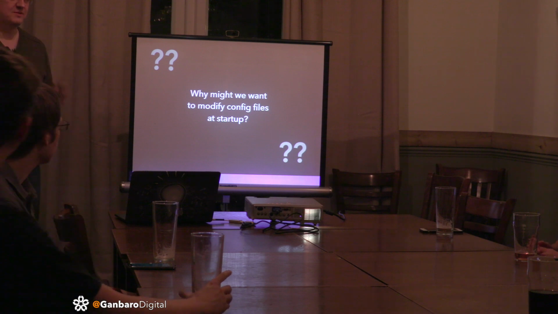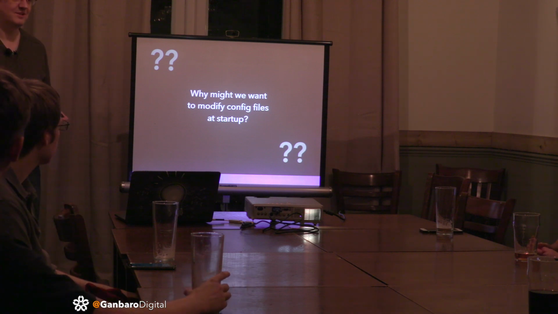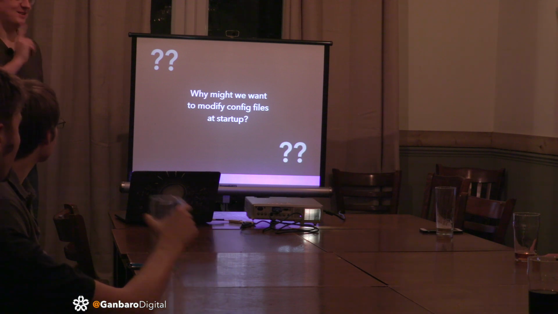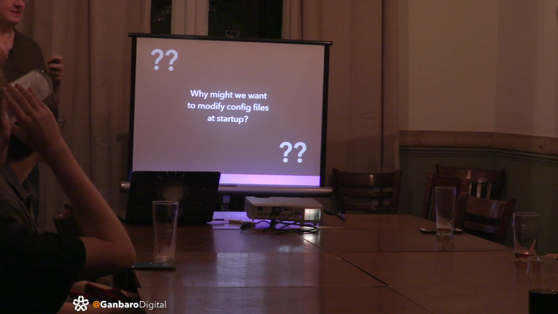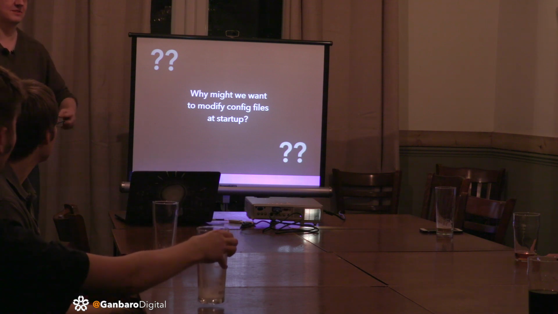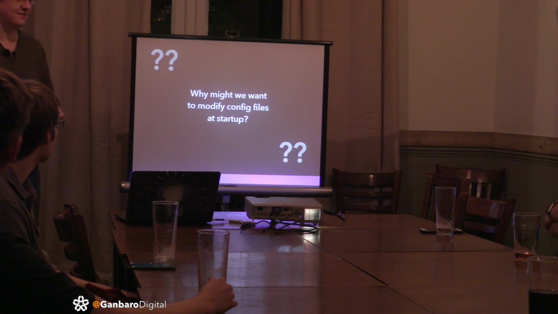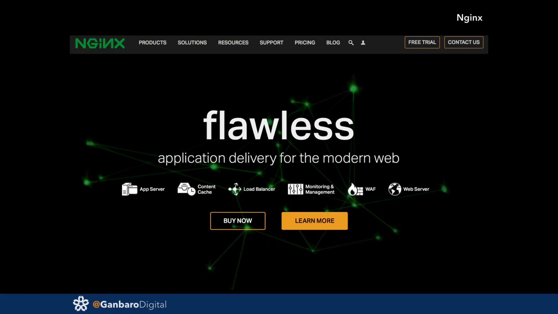Have you heard of 12-factor applications and the 12-factor app movement? I could not name, I don't think, a single one of the factors. Well, for today, one of those factors is the idea that you inject credentials and config via environment variables into your web server and into your app. And that's fine if you're using Apache, but if you're using Nginx, Nginx will not use those environment variables.